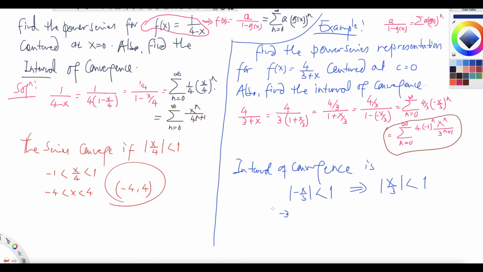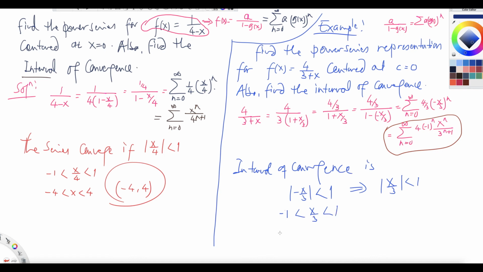So let's write down that the absolute value of x over 3 is less than 1, right? So this can be written as negative 1 is less than x over 3 is less than positive 1, right?